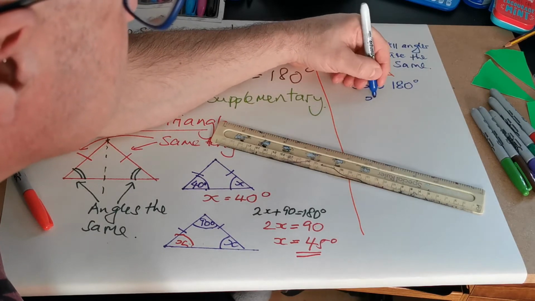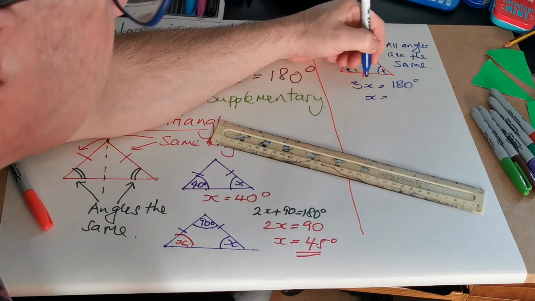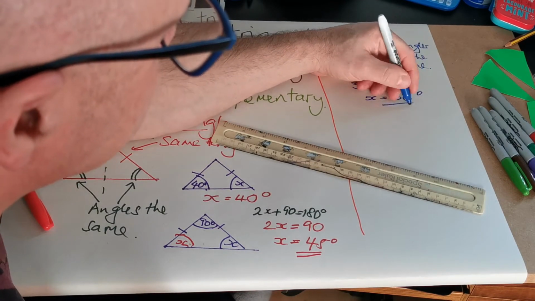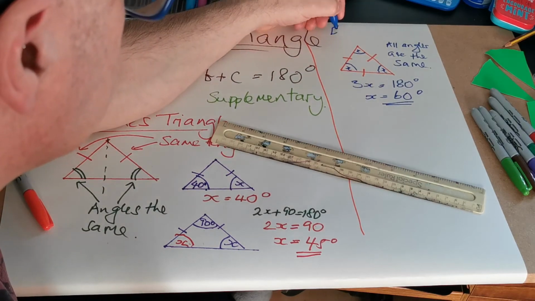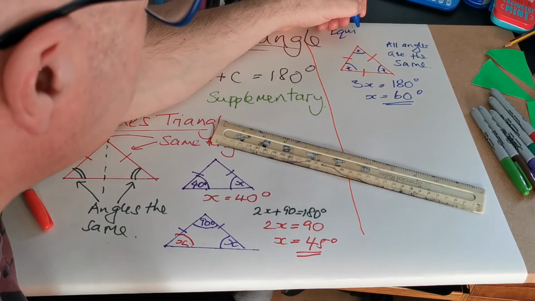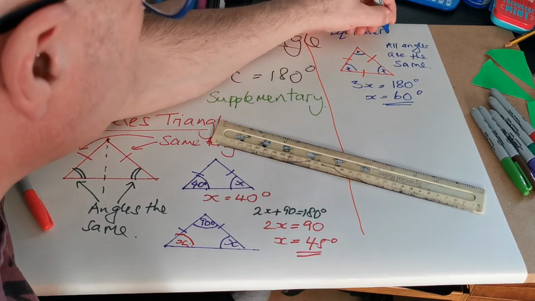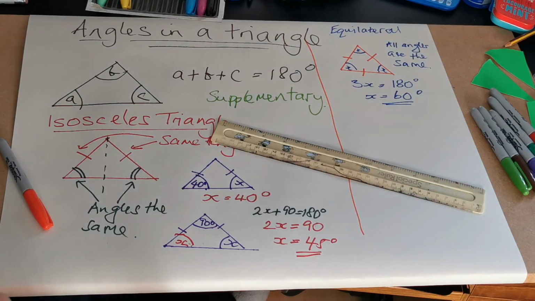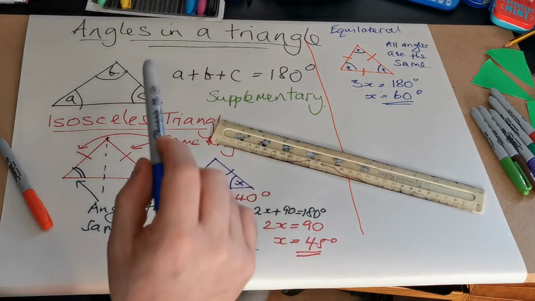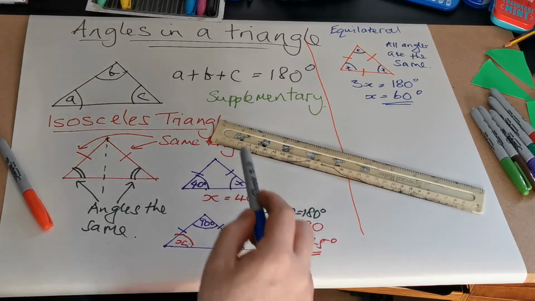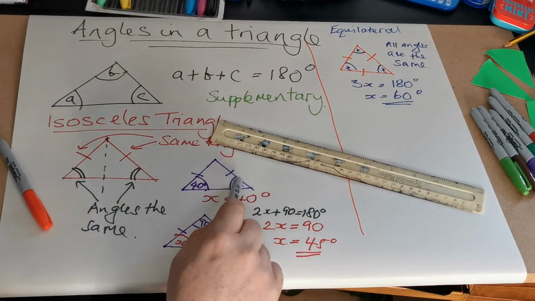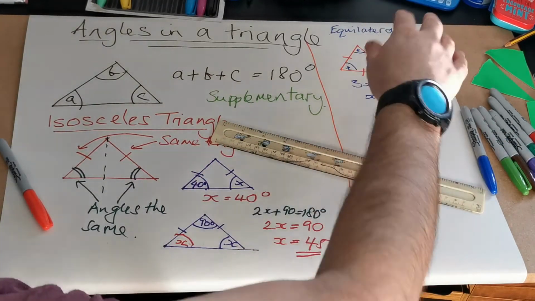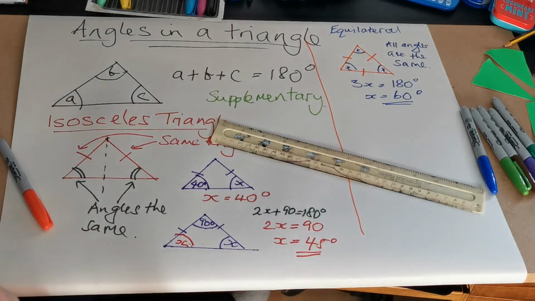To find what one of those x's is, I clearly have to do 180 shared between the three individual places. It gives me 60 degrees each. And that's the same for every equilateral triangle. There's no set rule for isosceles, you just have to do some working out depending on whether they give you one of the equal ones or the non-equal one. That's what you have to be aware of, but this is much simpler, always 60 degrees.